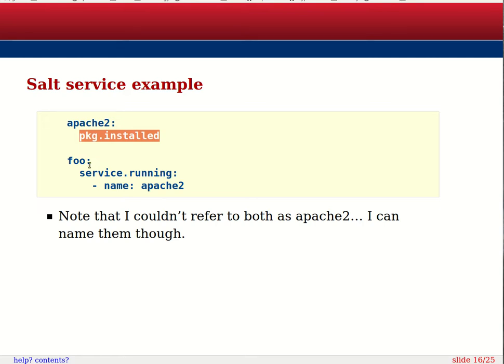In this particular case, I couldn't put Apache2 up here because I already had one state that was named Apache2. So I had to do it this way. I had to give it some other identifier here, and then I could pass in the name of the service that I wanted to make sure was running. So either way.